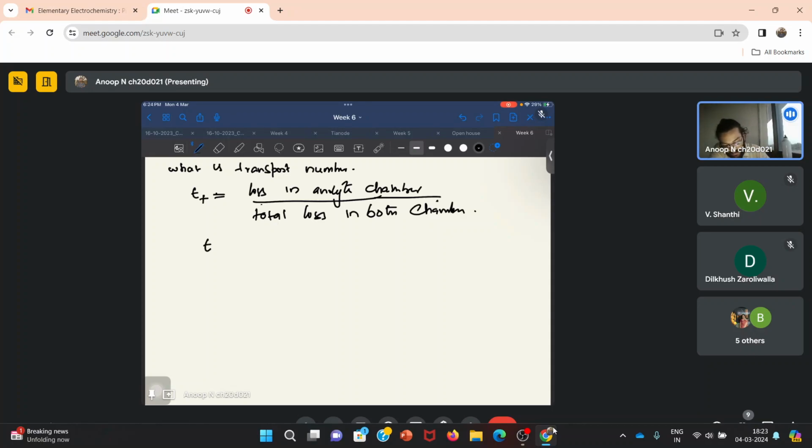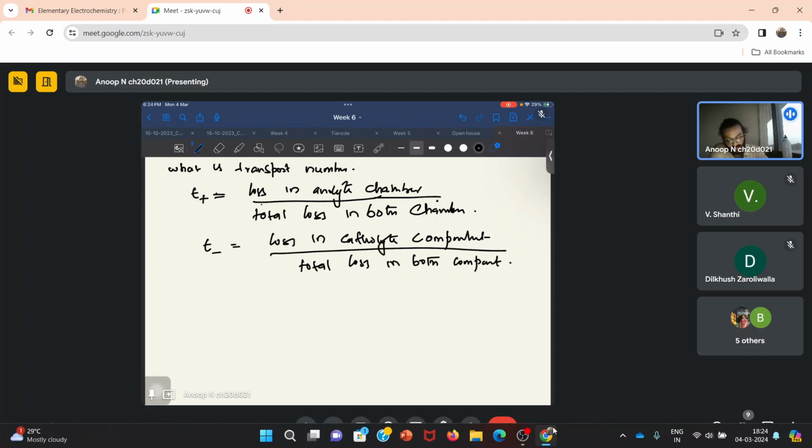So we can write T minus is equal to the loss in the cathode compartment divided by the total loss in both compartments. We already have the total loss as well as the loss in the cathode chamber, so T minus is equal to 0.222 divided by 0.806.